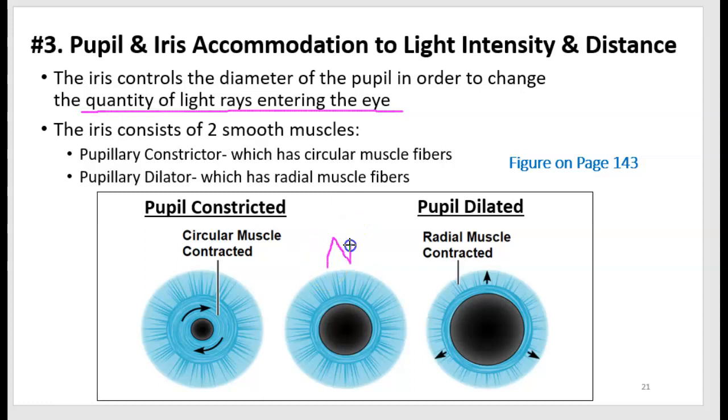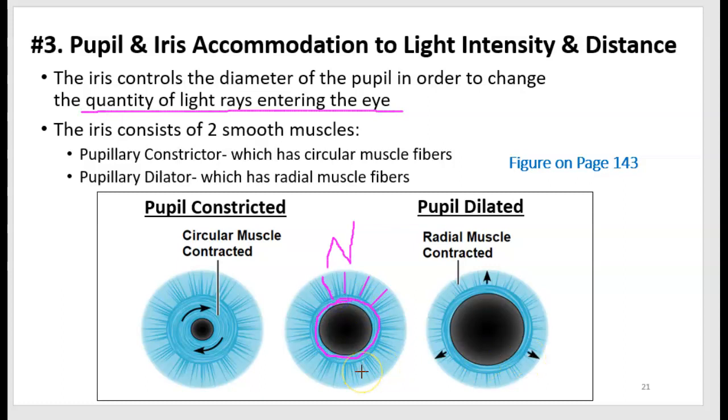This is kind of at rest, normal, the picture in the middle, which you have on page 143. And it consists, the iris here, notice, consists of two layers, a radial layer of smooth muscle and a circular layer of smooth muscle.